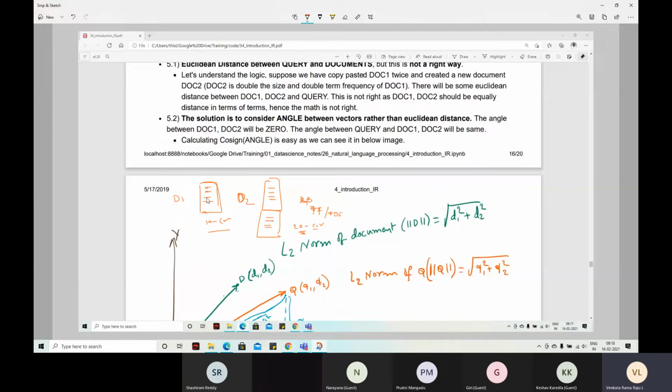I just copy pasted document one and created two pages of the same document, and then looked at the distance between document one and document two. Is that really true? Is there a distance between document 1 and document 2? Did you get the scenario?